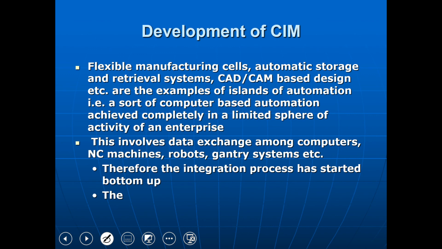Development of the CIM: flexible manufacturing cell, automatic storage and retrieval system, CAM-based design, etc., are examples of island automation. For example, a short computer-based automation achieved completely in a limited sphere of activity of the enterprise. This involves data exchange among computers, NC machines, robots, gantry systems, etc.